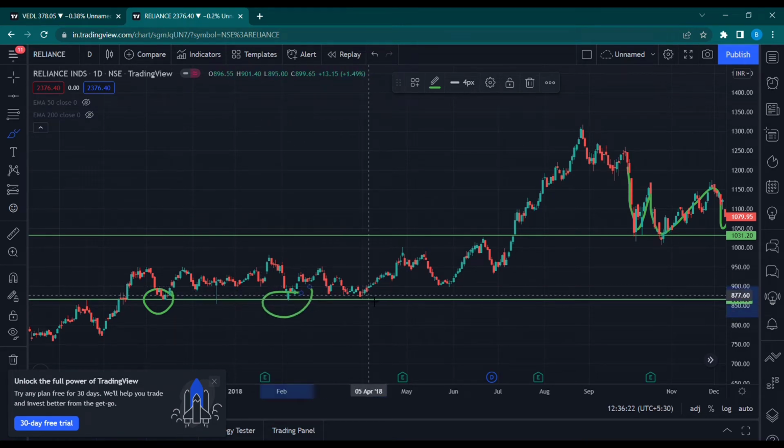These are the zones where, at around 865, buyers have the interest of purchasing Reliance shares. Whenever prices come down to a support level, they get some buying interest from the buyers.